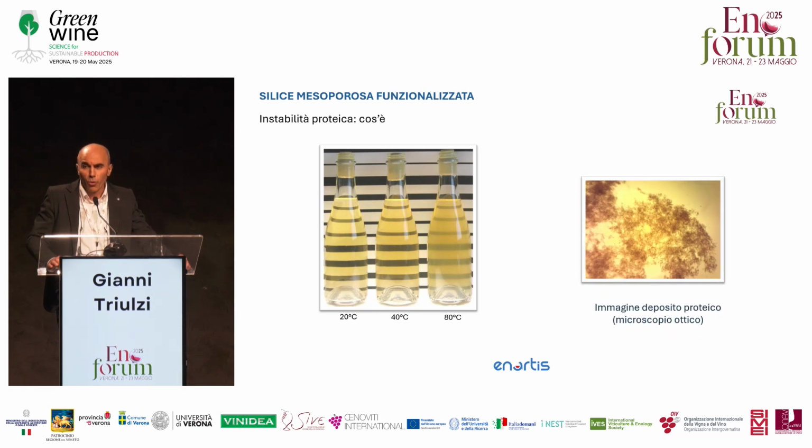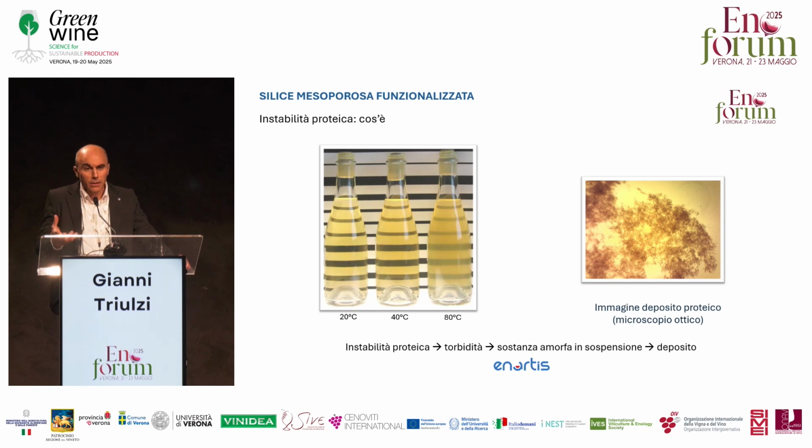What is it? If you have a look in the microscope at the cloudy wine, you see that a deposit can be formed, and this does not have a specific shape or form; it is amorphous.